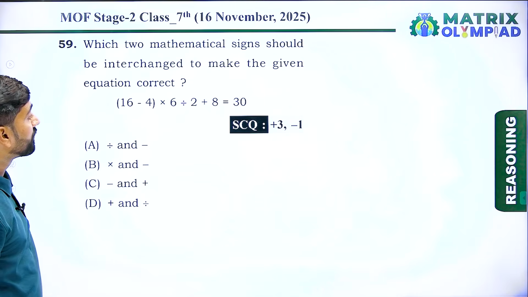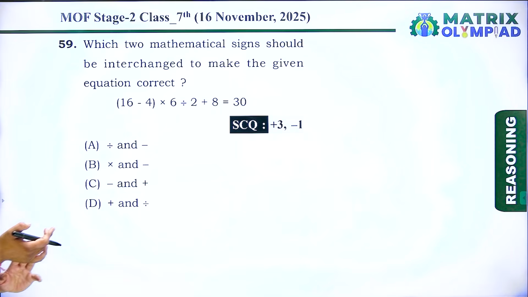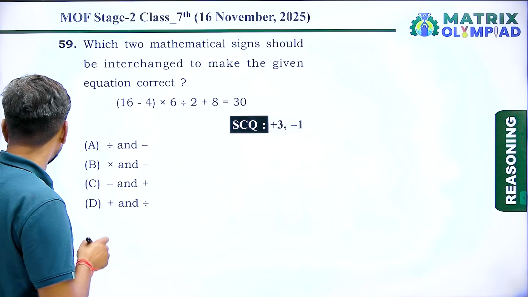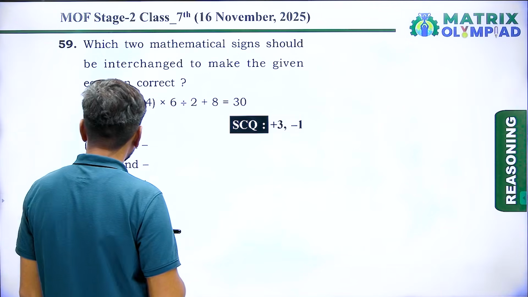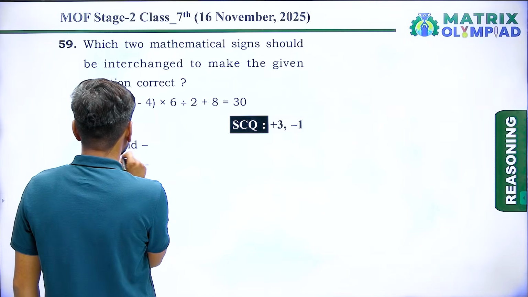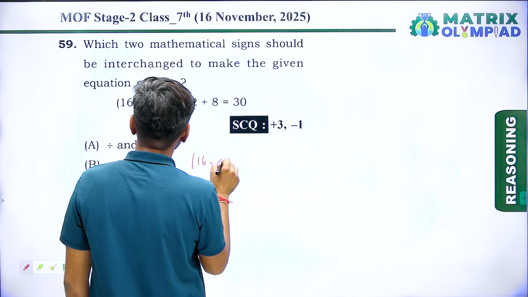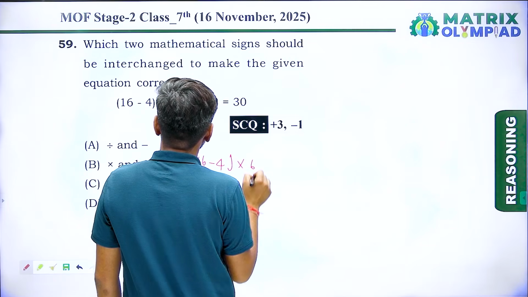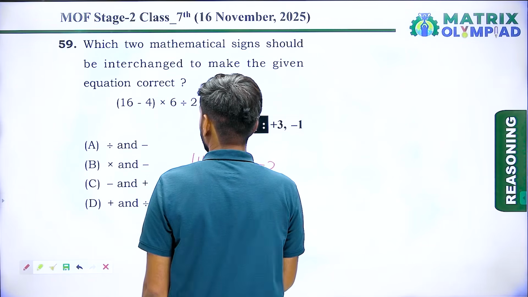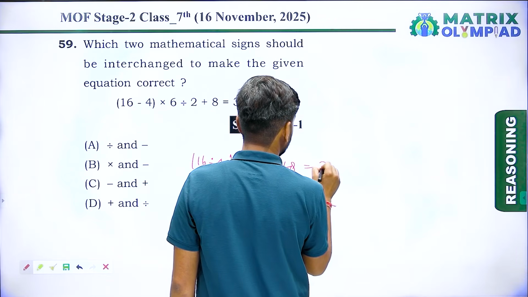In this question we have to interchange the mathematical signs to make the equation correct. Now if we take option A, this question can be done with the help of the options only. In option A we have divide and minus, so if we interchange divide with subtraction, we get the equation like this.